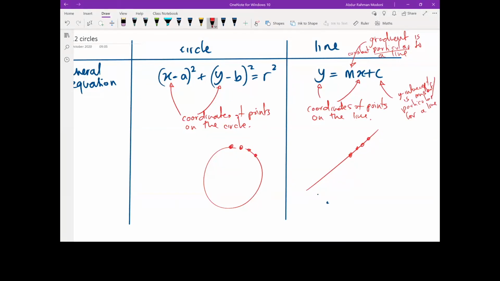We've got a few things here. We've got a and b, and I know there's a minus in front of them, but we take a and b as the opposite of the sign. a and b here will represent the coordinate of the center of the circle. I'll mark that here on this diagram.